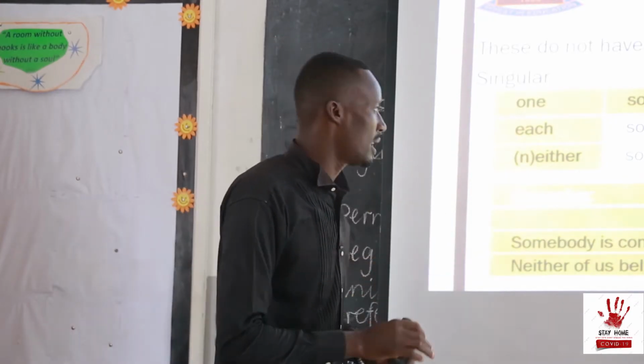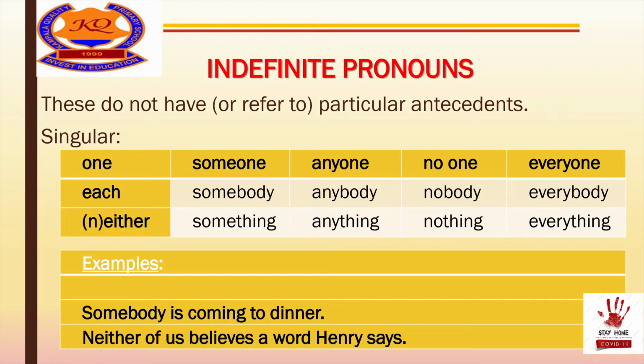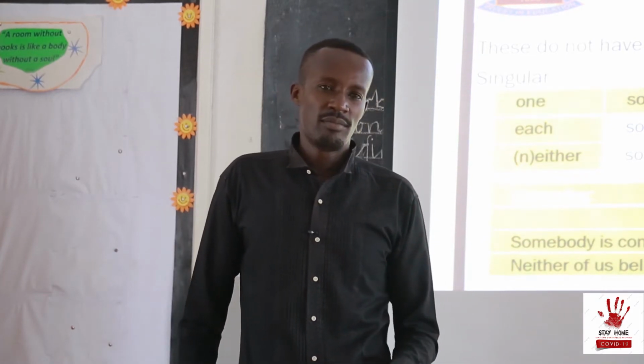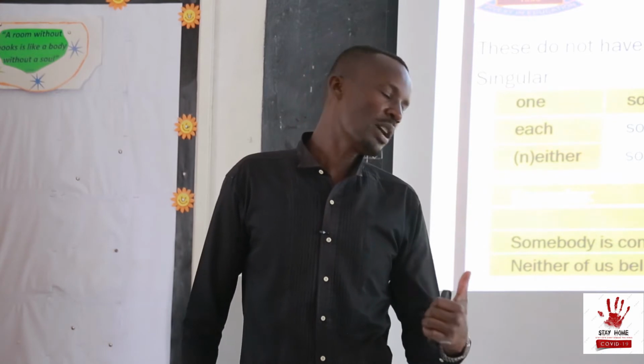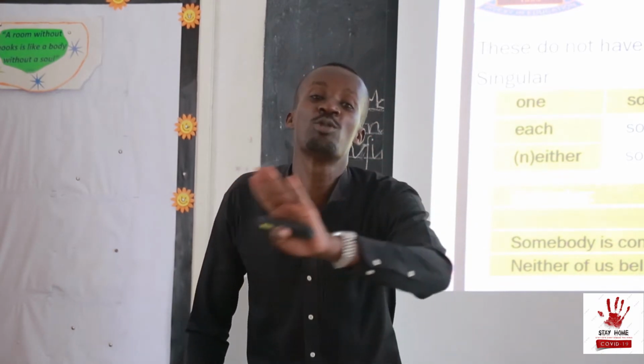Let us look at some examples. We say one, each, someone. Now, who is someone? If I say, let someone bring us pieces of chalk, all of you may choose not to go.